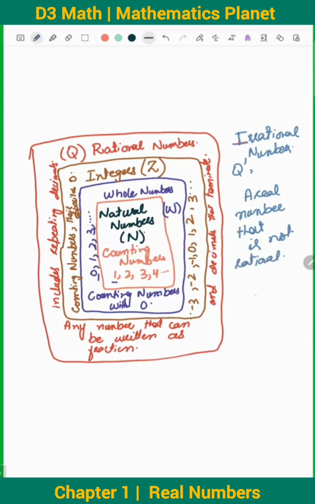Also, in the irrational number, decimals do not terminate or repeat.